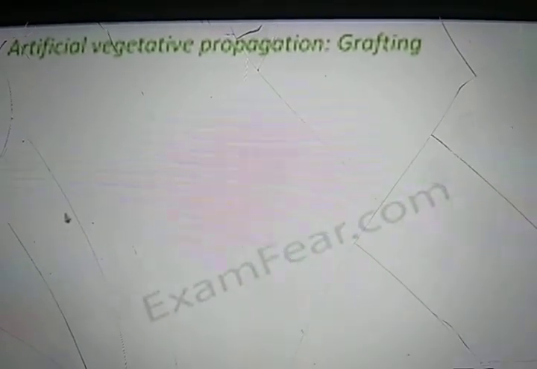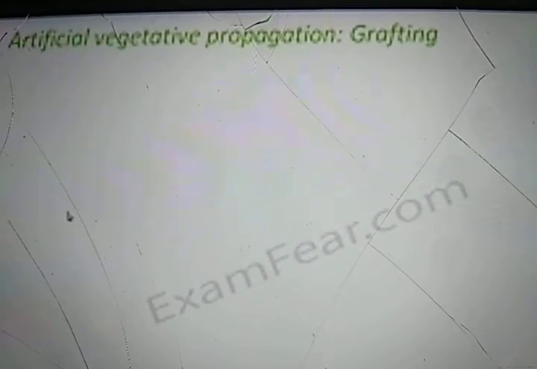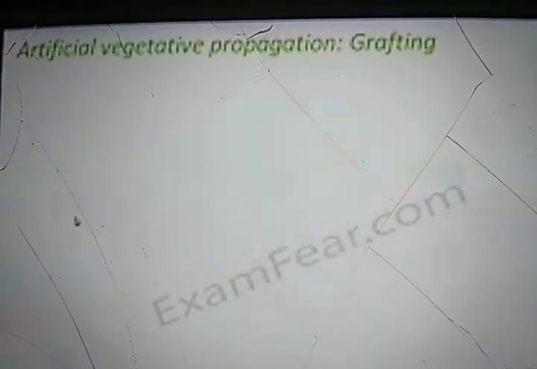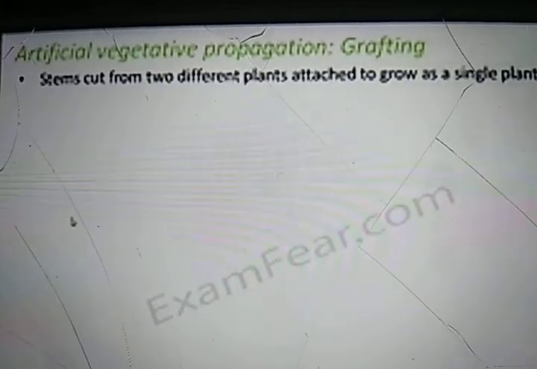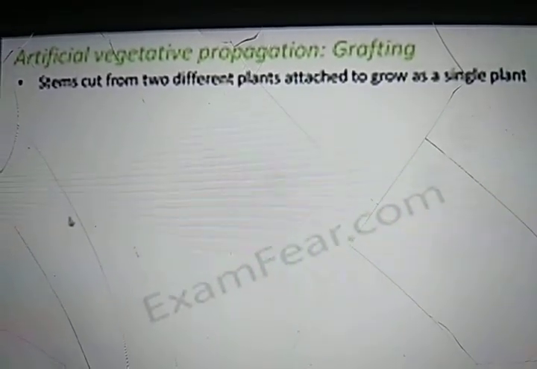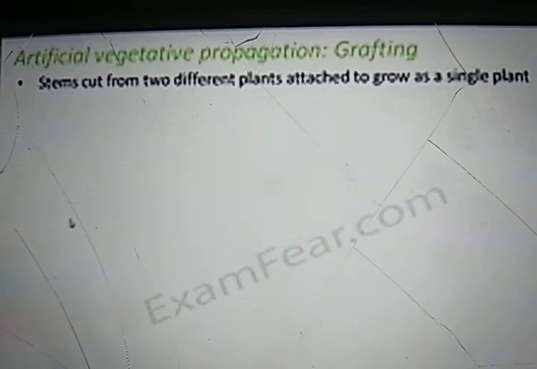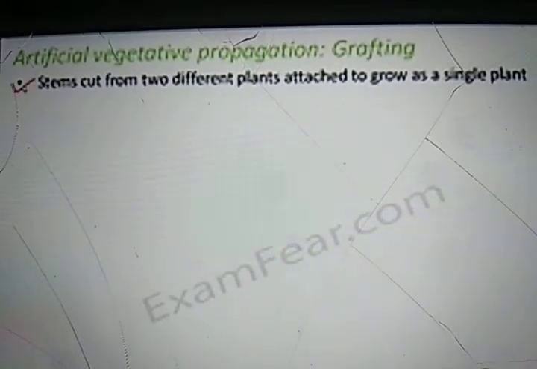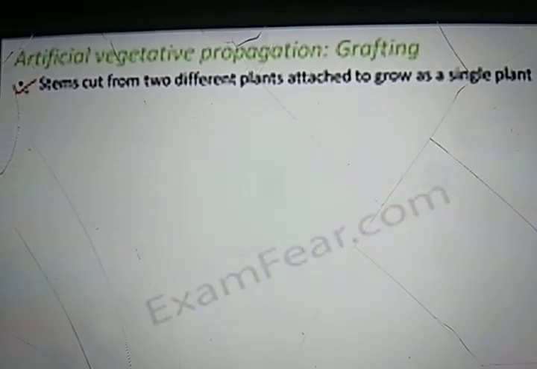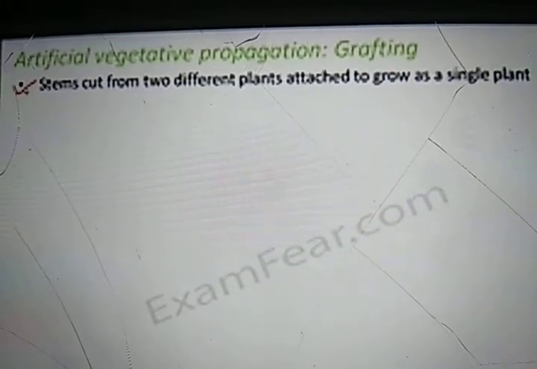Okay. Now let us look at the third method, which is called grafting. This is also going to be very interesting because this can actually mix and merge a new plant. The stem cut from two different plants is attached to grow as a single plant. This is the example I was giving you initially while I was introducing artificial propagation.